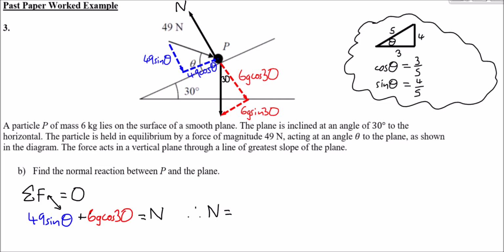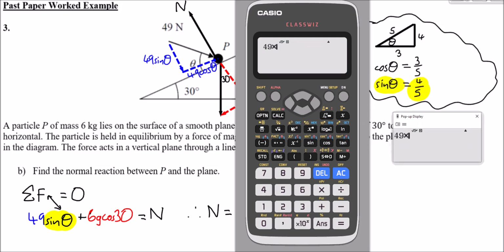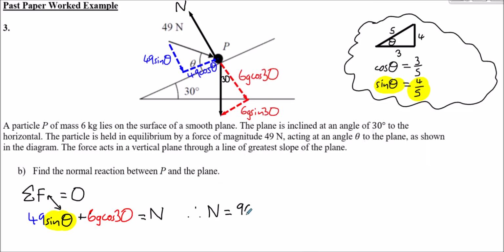So if we just substitute in that sine theta is 4/5, n is going to be 49 times sine theta, which is 4/5. So 49 lots of 4/5, plus 6 times g, 9.8 times the cosine of 30. We've got here 90.1 newtons, and that's what n will be. To three significant figures, n is 90.1 newtons.